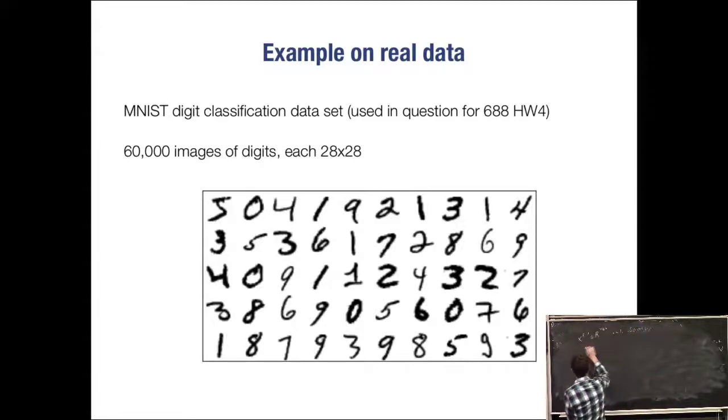I'm going to generate 50 examples. So mu j for j equals 1 to k, which is k equals 50. So what I'm saying is, don't worry about all these images. These are all described fairly well by one of the following images, right? So that everything in the data set is close to one of these 50 images.